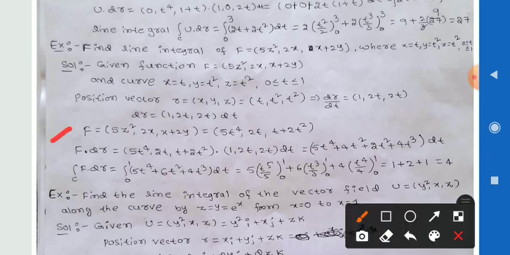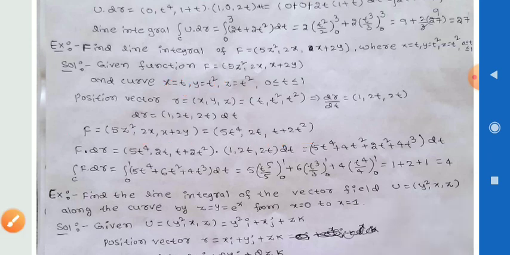Then we have the vector F equal to (5z^2, 2x, x + 2y). Substituting x as t, y as t^2 and z as t^2 in F, z squared gives us 5t^4. Here 2x gives 2t, and x plus 2y gives t plus 2t^2.